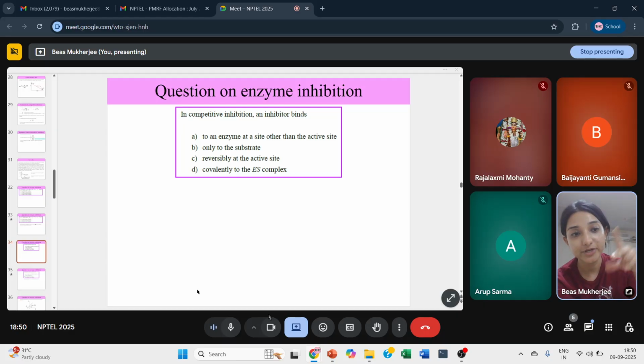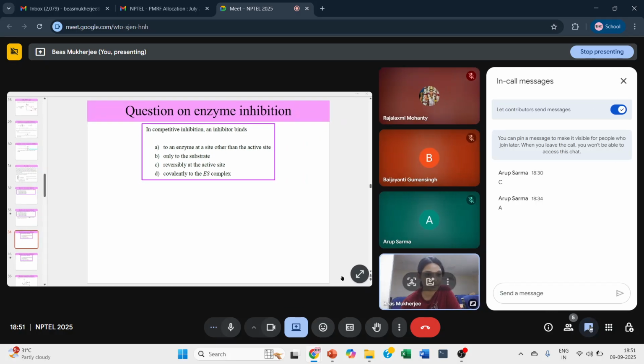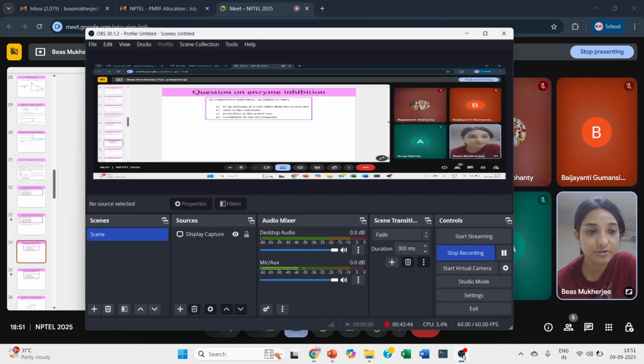There is some kind of competition between the inhibitor and the substrate, right? So competition for what? You can write in the chat box. Whatever option you think is the right option, you can type in the chat box. I'm waiting. It's a simple question. You should be able to answer this. Chalo, try to answer.